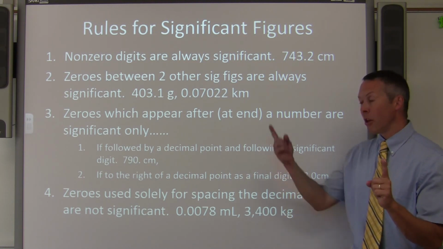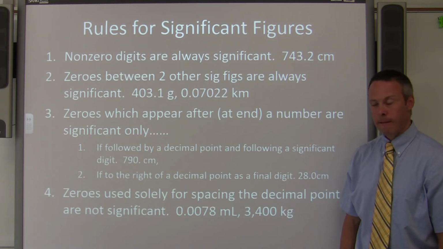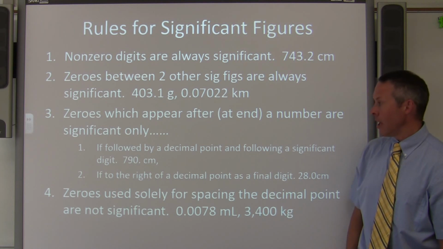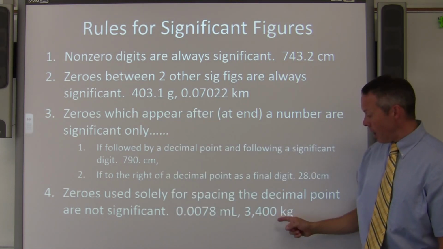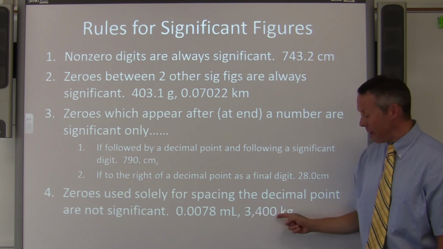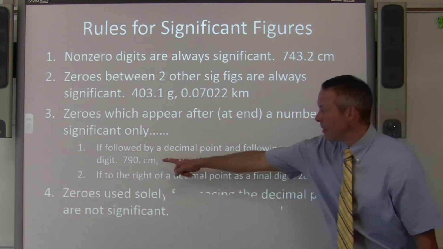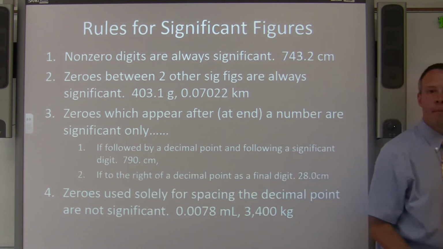Now, thinking about another rule that we said, what happens if I put a decimal point there? If I add a decimal point, I am now up to rule 3-1. And now, since it's followed by a decimal point, those zeros would be significant, and now I would have 4 sig figs, because they'd be similar to this one. So just putting a decimal in can change your measurement.